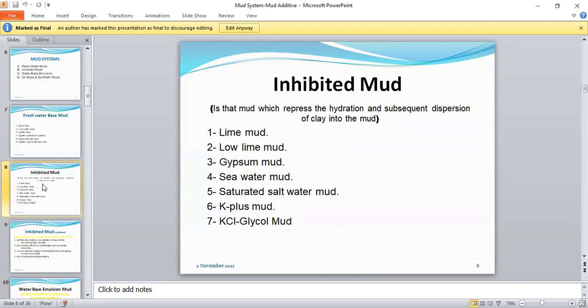There must be something that gives you weight. The basic component must remove cuttings. It must give you pressure control, well stability. So these muds are helping to also give hole stability.